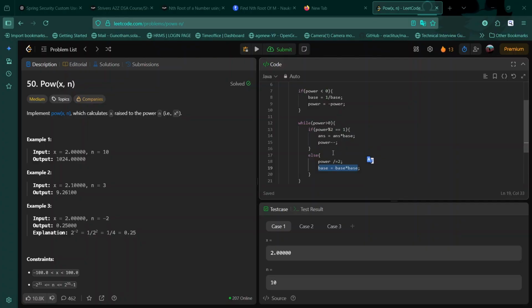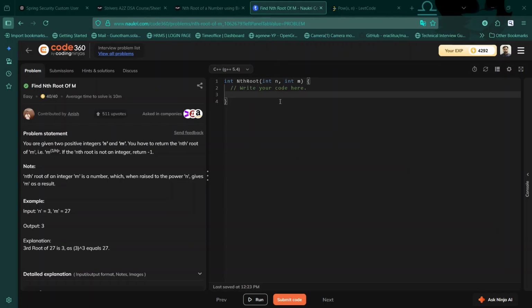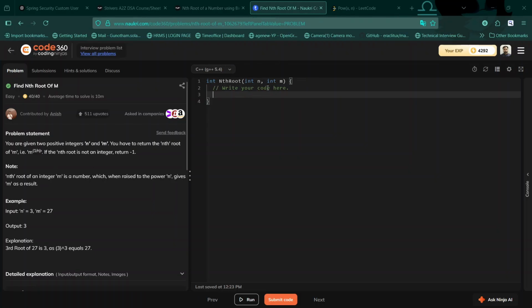So that reduces the iterations to log 2n iterations, which is a bit more optimal. We can apply it to the brute force way in the linear search. Another way we can do is by using binary search in this situation as well. So I'll explain it while going through the solution.